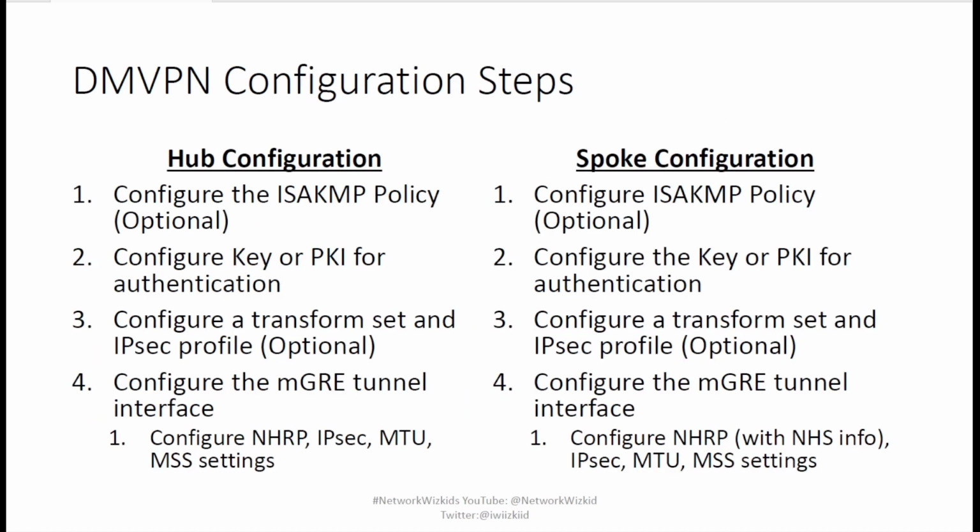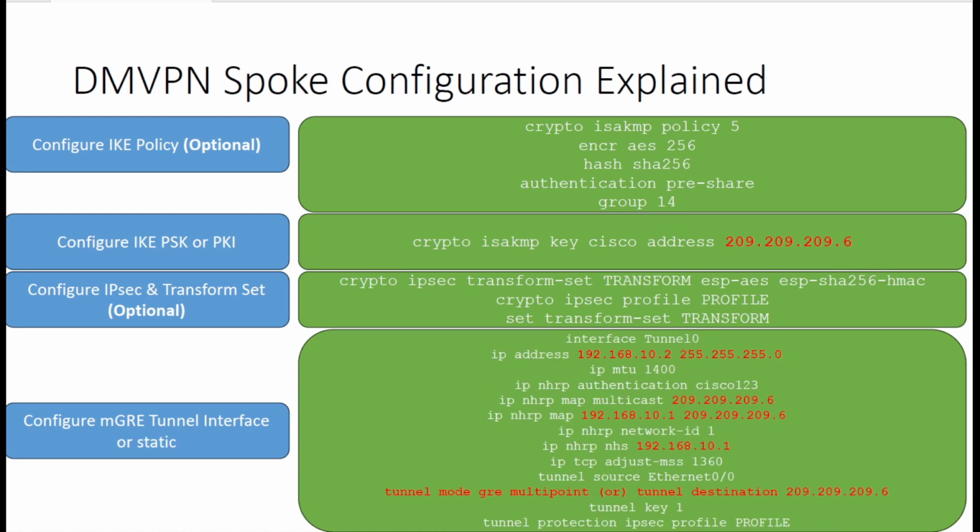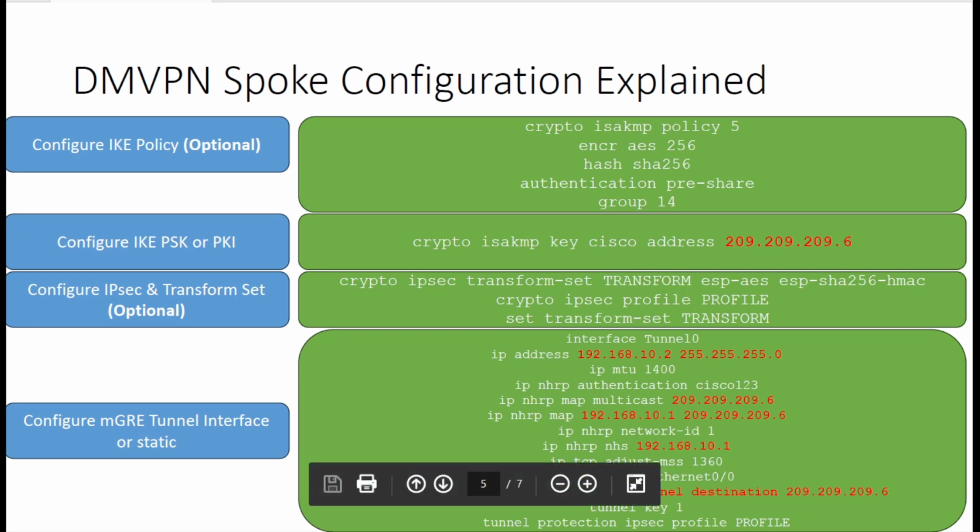So this presentation is the same. I'm just bringing this slide back up because I want to remind you, for those that have watched the previous video, that the only real difference between what we did when we configured a partial mesh deployment and what we're going to do now with a full mesh deployment is pretty much one configuration on the tunnel interface.